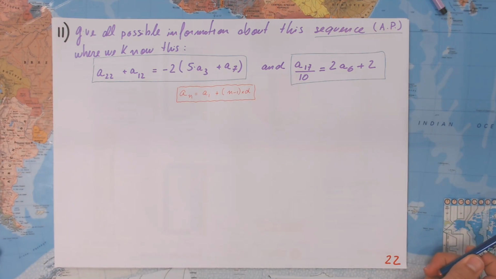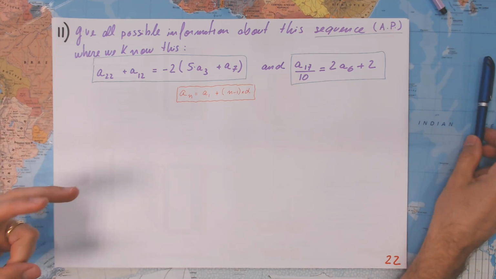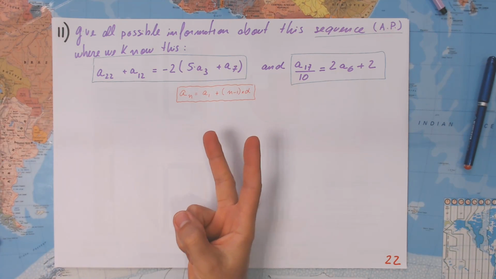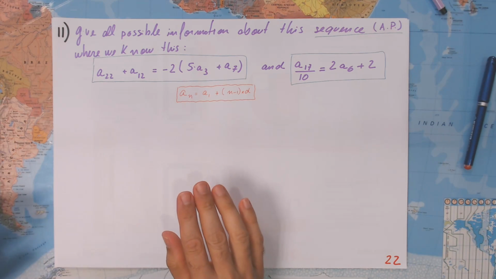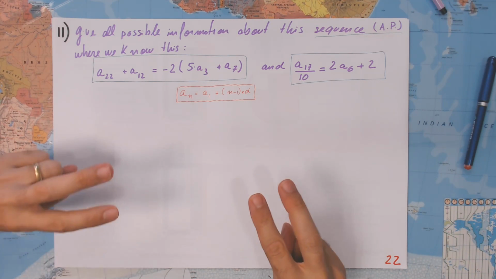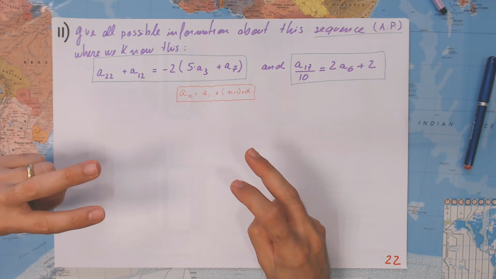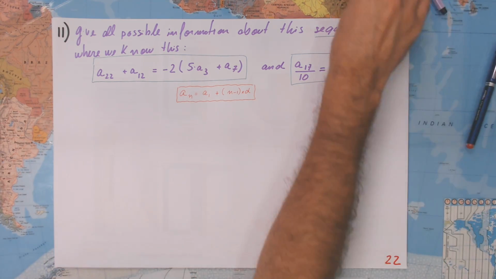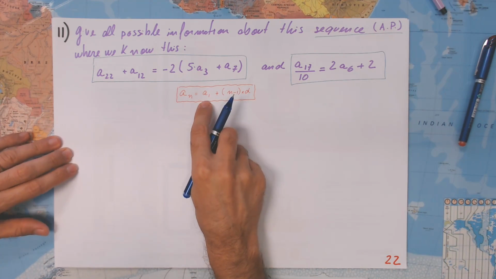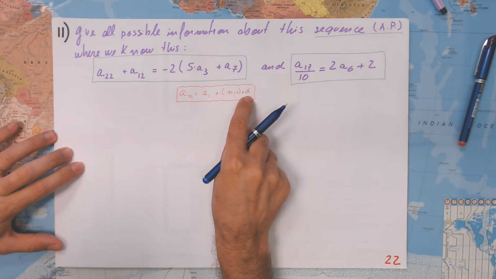It is resolvable. Remember, you must have the same number of equations and variables to solve for all the variables. Now, let's plug in everything with respect to A1 and D.